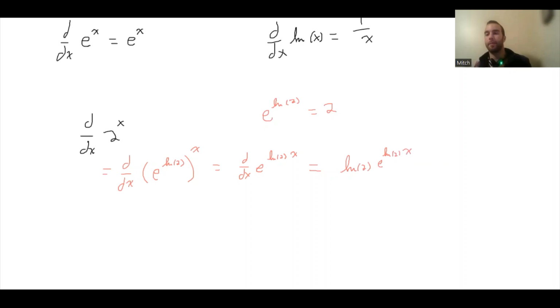I explained this step in our video on the chain rule, but just keep in mind that whenever you have a constant right next to the input, you just bring it outside. It would be the same thing if we had the derivative of sine 2x. That's going to end up being 2 cosine 2x.